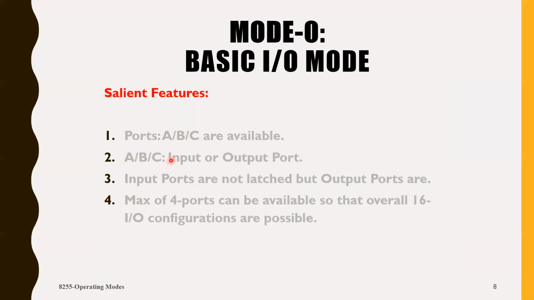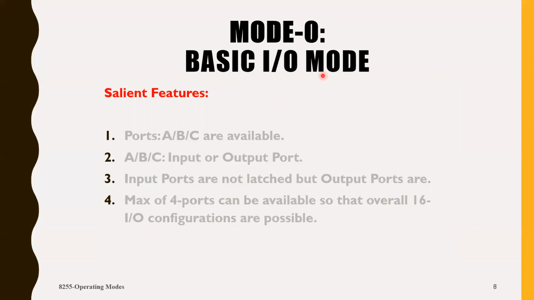So these ports can either behave as input ports or output ports. But the most important point is that if they behave as input ports, then they cannot be latched. But if we are using them as output ports, then we can latch them. Latching means we are going to store the value. So a maximum of 4 ports can be available, so that overall 16 I/O configurations are possible under the basic I/O mode.